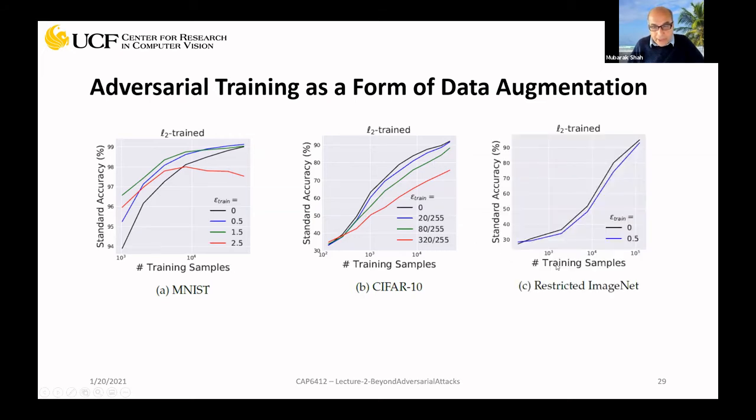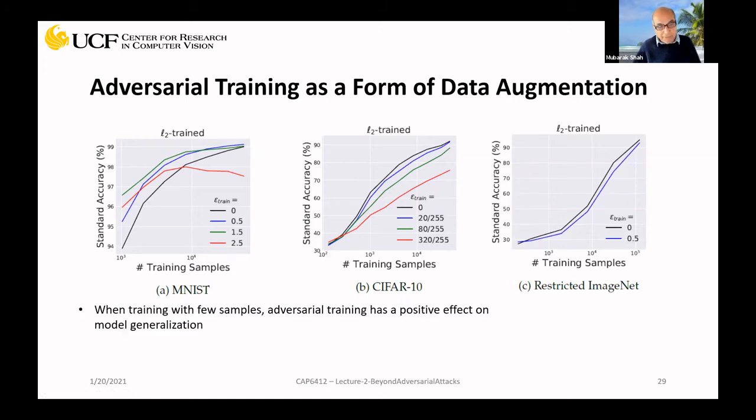The same thing holds for Restricted ImageNet. So the point is that when we have few samples, adversarial training actually helps. It has a positive effect because it's generalizing better. We have a better accuracy.